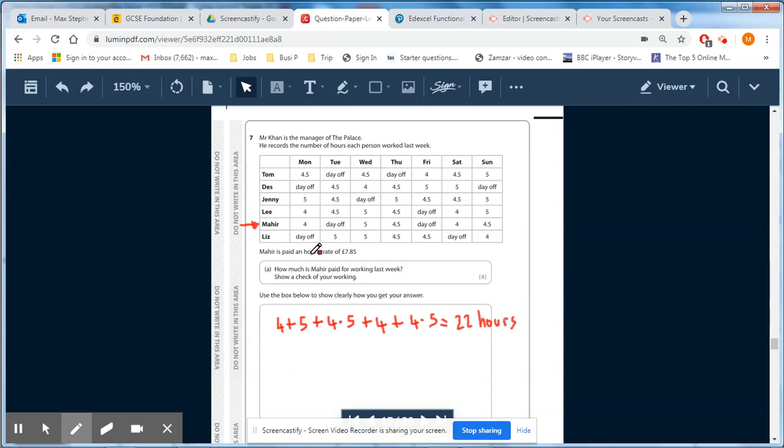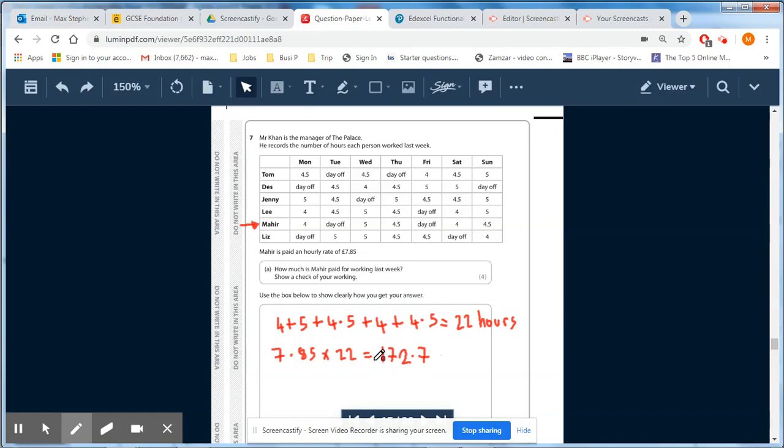Then we're going to say he gets £7.85 for 1 hour. So we just times that by 22. And that's going to give us 172.7, which is what's going to come up in your calculator.